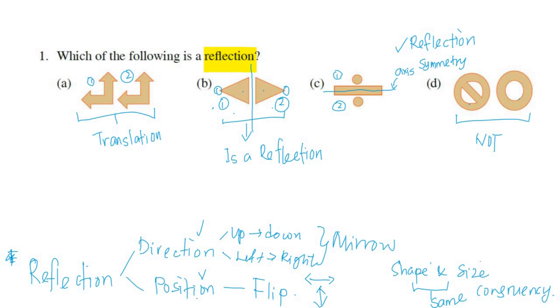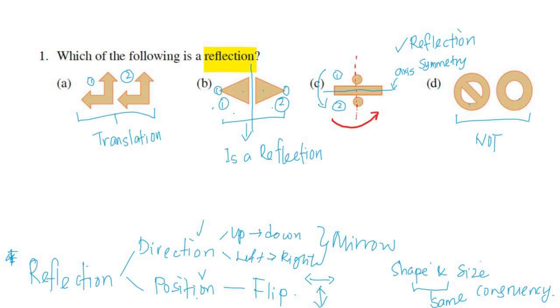Besides the axis of symmetry we drew first, we can also divide the picture like this. So we consider the reflection from left to right, and the first one is considered the reflection from up to down.